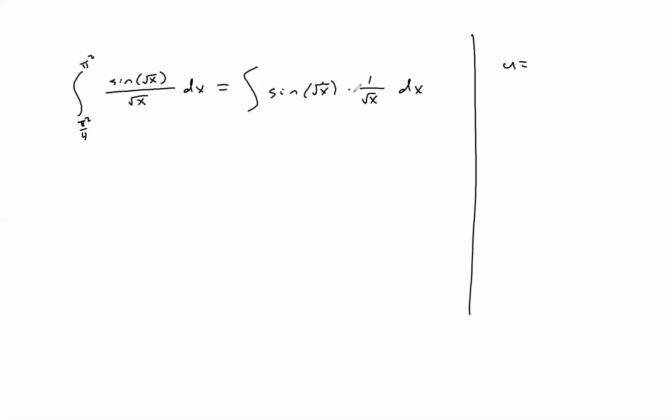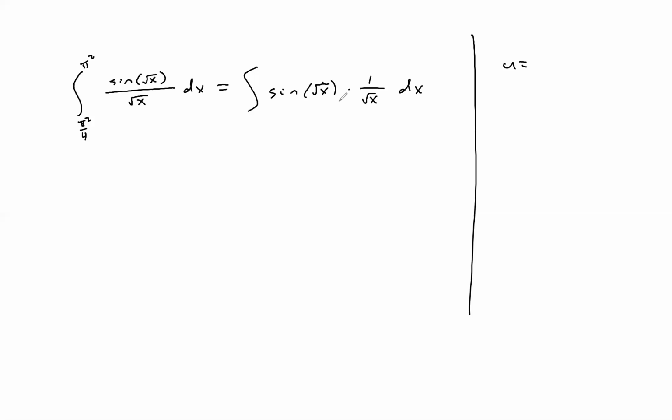All right, so when I look at this, when I'm trying to decide what substitution to make, one thing to keep in mind is this is kind of related to the idea of the chain rule with derivatives. I have this composition of functions here, sine, and then I have a square root function, square root of x, on the inside of the sine function.